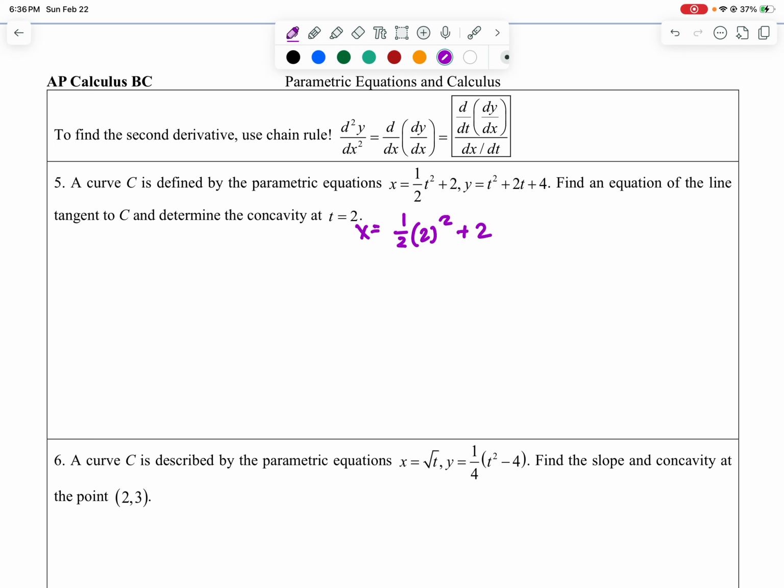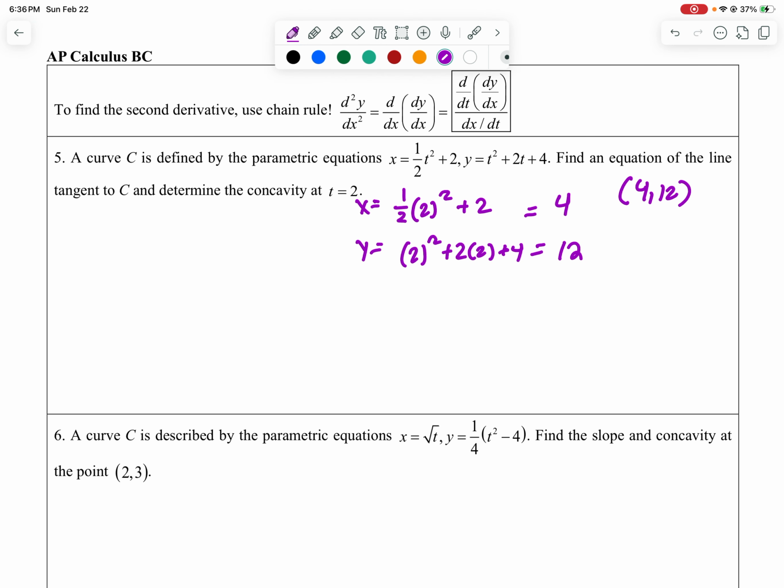So that's my x value. And then my y value. So that's 4 plus 4 plus 4. So that's 12. And then 2 squared is 4 divided by 2 is 2. 2 plus 2 is 4. So we get our coordinate to be 4, 12.